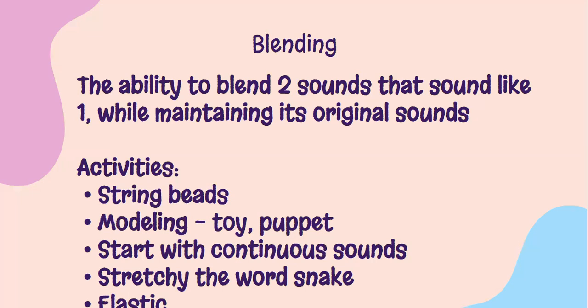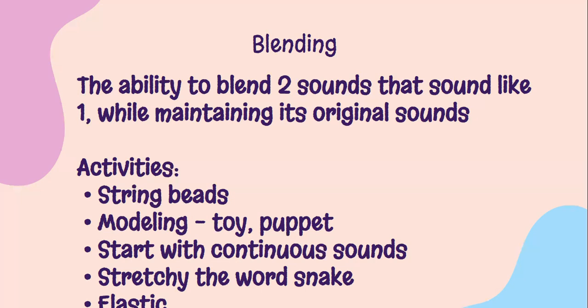We can also think about starting with continuous sounds. Now, the sound b is not a continuous sound, but the sound s is a continuous sound. When we start teaching students the continuous sounds, it is actually easier for them to blend because it is continuous. Let's go with an elastic.